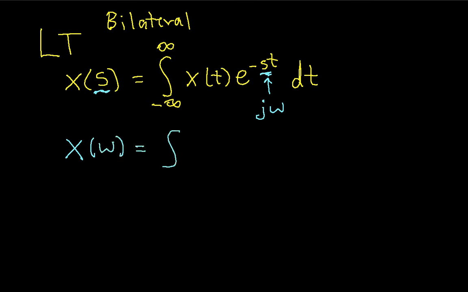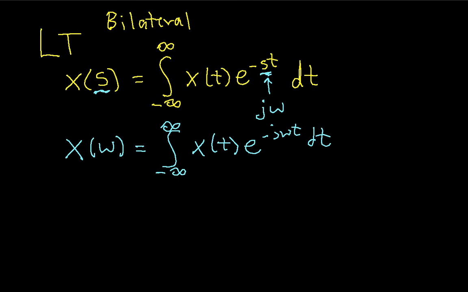X of omega is this integral from minus infinity to infinity, x of t e to the minus j omega t dt.